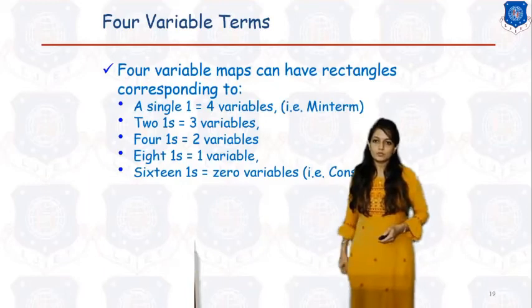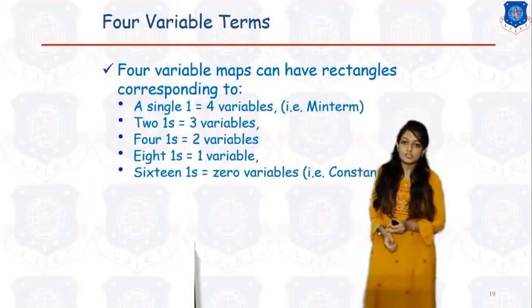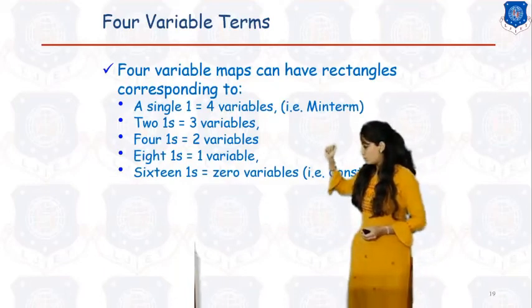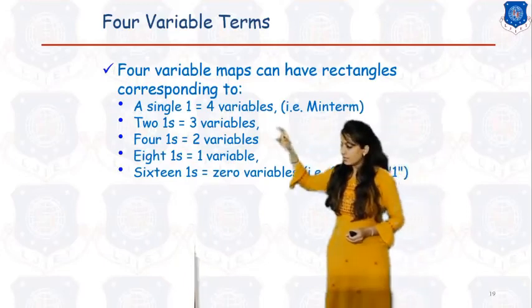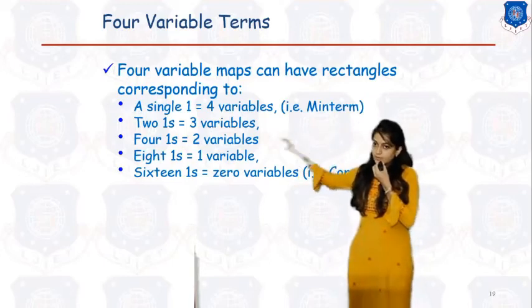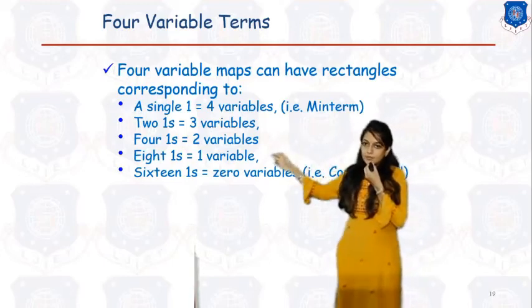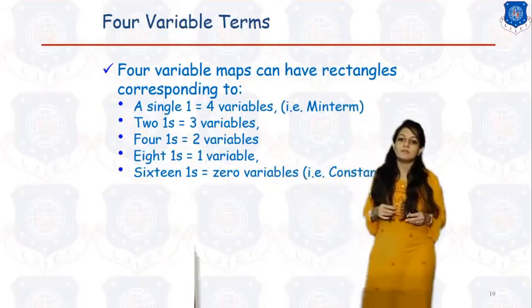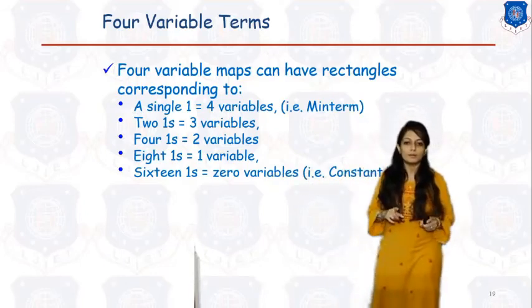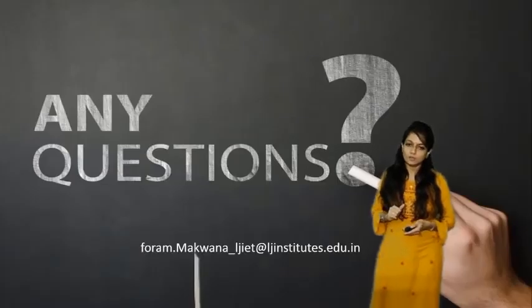Alright. So 4 variable terms in which you have total 2 raised to 4, 16 squares. A single one means 4 variables, 2 ones means 3 variables, 4 ones means 2 variables, 8 ones means 1 variable, and 16 ones means 0 variables. So there is no common portion. So the answer is 1.